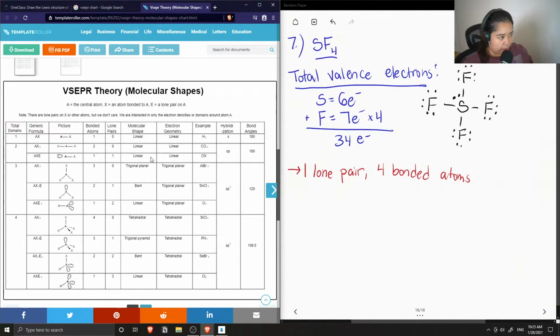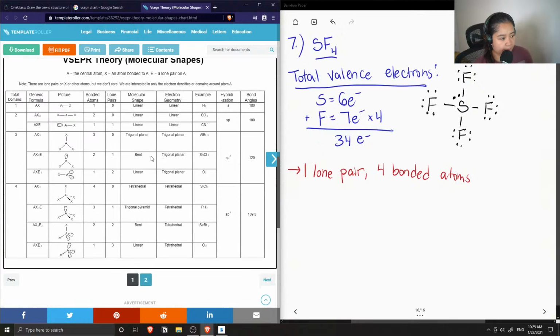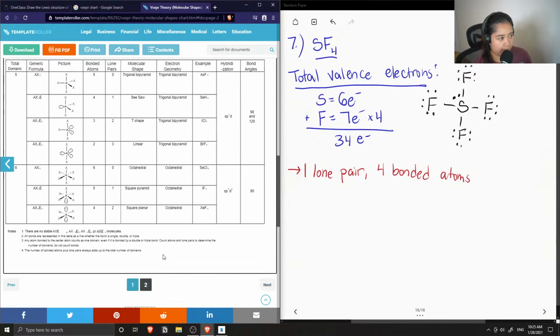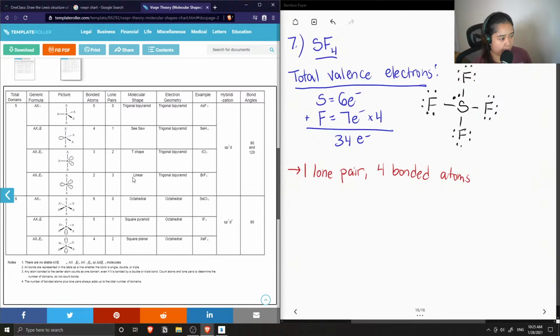Okay, so this is a VSEPR theory table, and you can see that when you have 1 lone pair and 4 bonded atoms, this is on the next page. Yep, so right here.